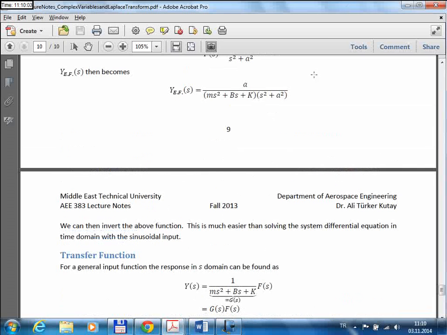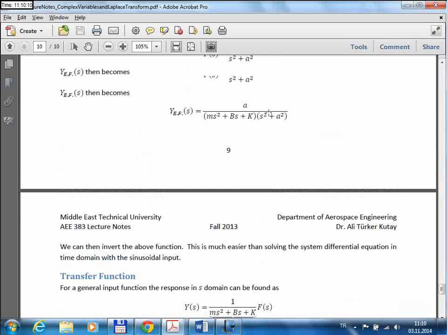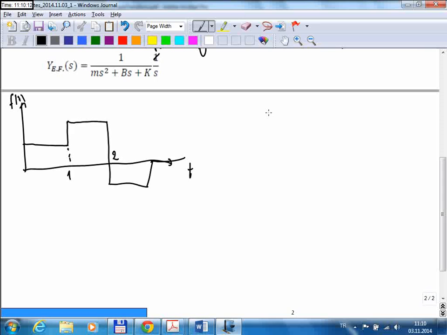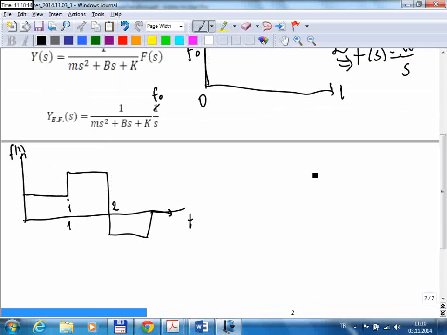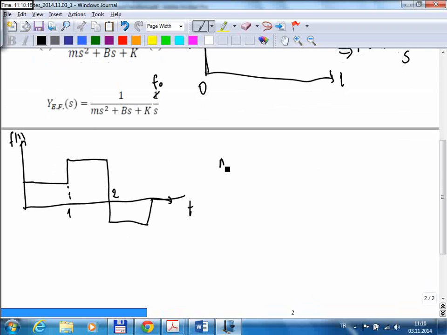So hopefully at this point you already appreciate how Laplace transformation makes this easier. If you wanted to calculate the response in time domain, then you would have to solve this differential equation, my double dot plus dy dot plus ky is equal to sine at. You would have to solve this differential equation.